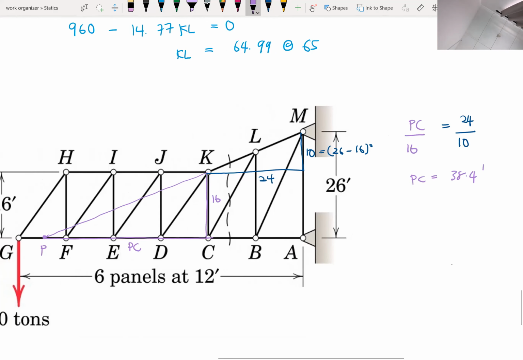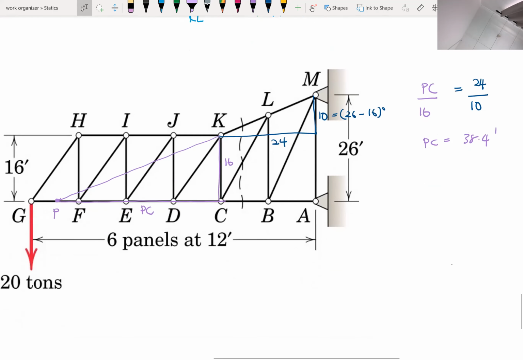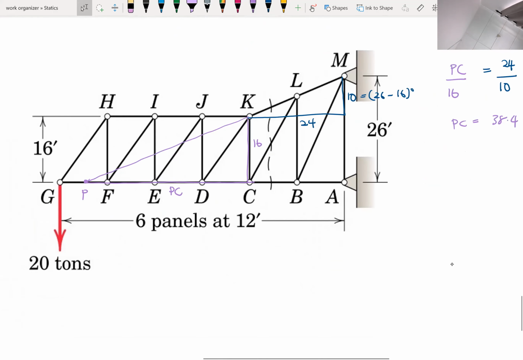Then next, we have to determine what is the force that we have to calculate for summation at P, moment at P. So we have summation moment at P equal to 0. Remember the formula F multiplied with d.